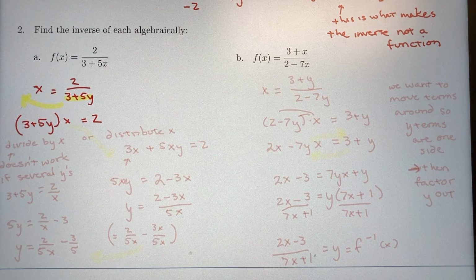Okay, now what? 2 ways to go for this. I can divide by x or distribute the x. And I'll show you both ways. The divide by x thing only works if there's only one y.